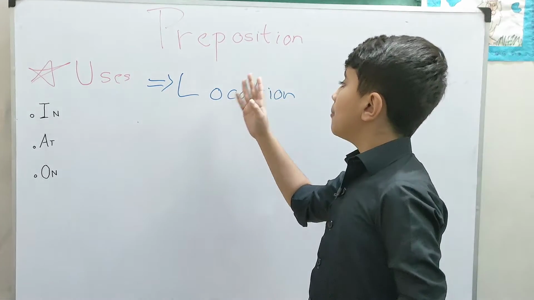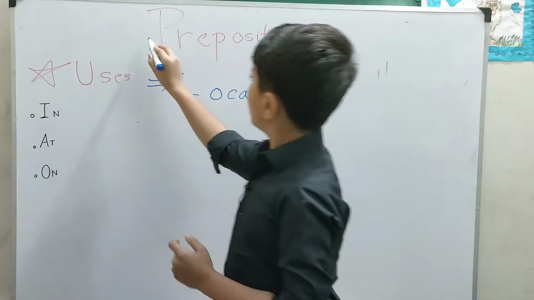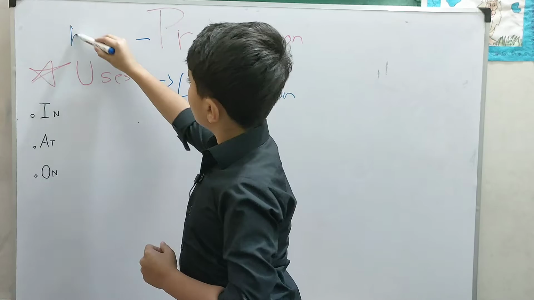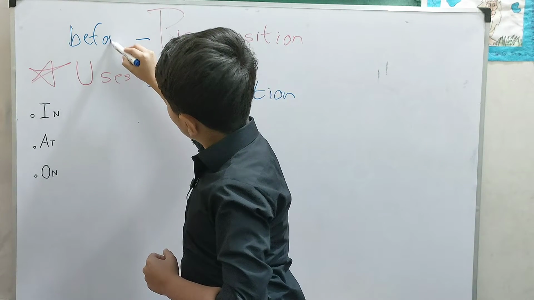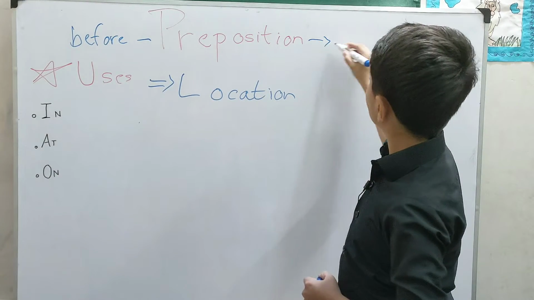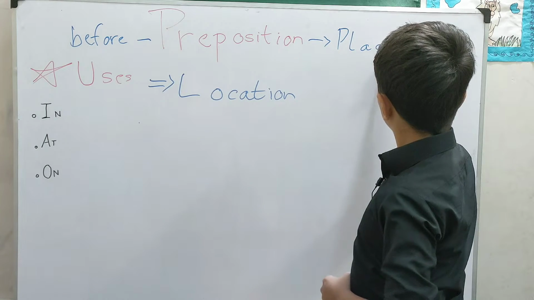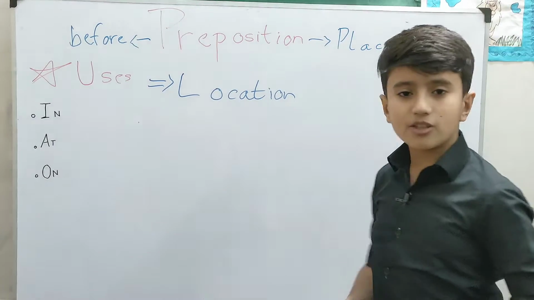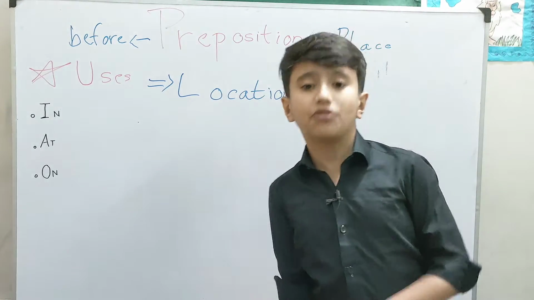What is a preposition? Now, the meaning of pre here is before. And position means place. Pre means before, pro means professional.